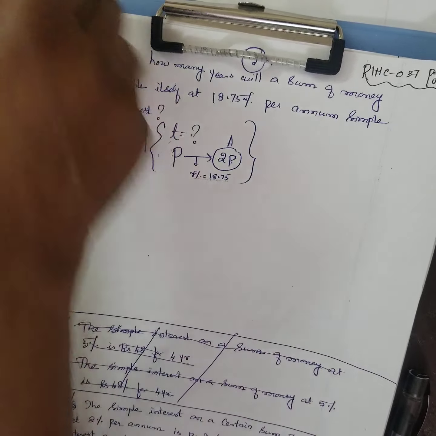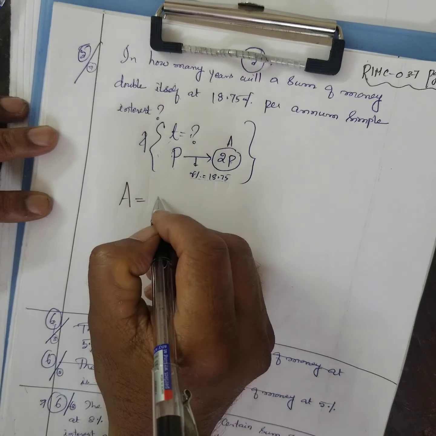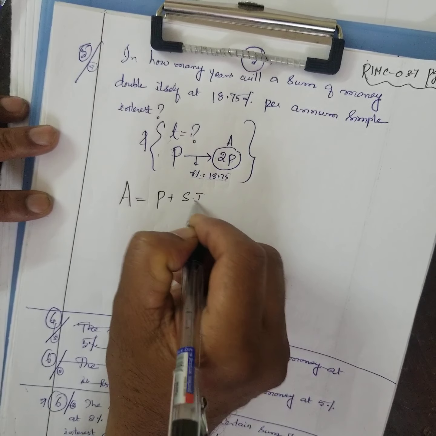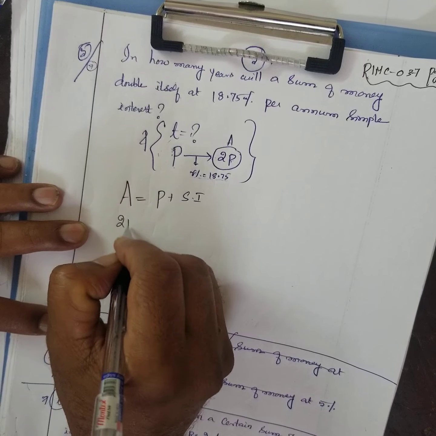What is the formula for amount? Amount is equal to principal plus simple interest. Amount should be 2 times P, correct?